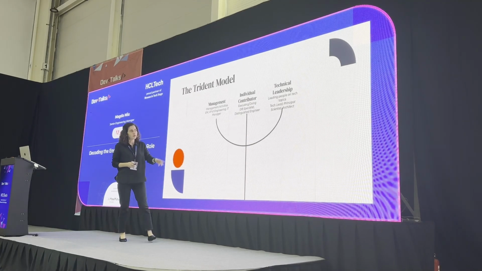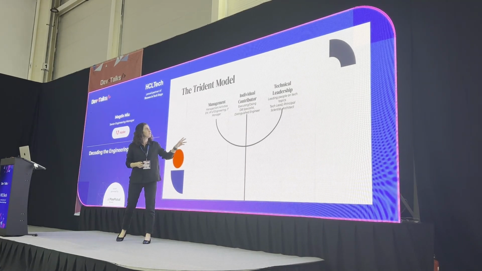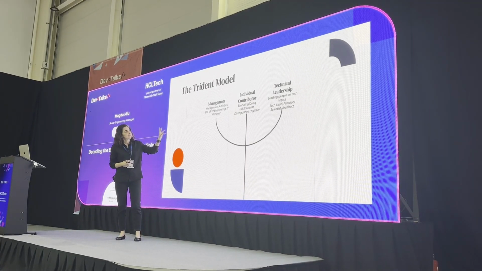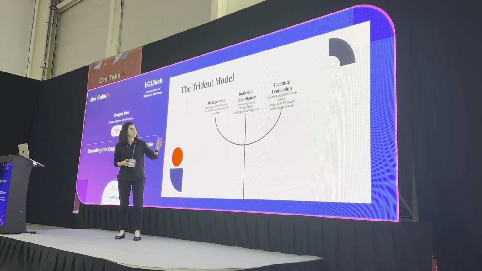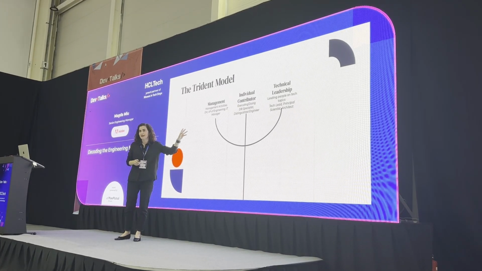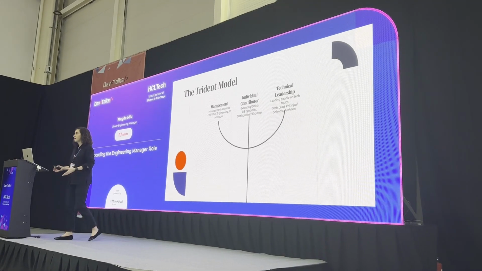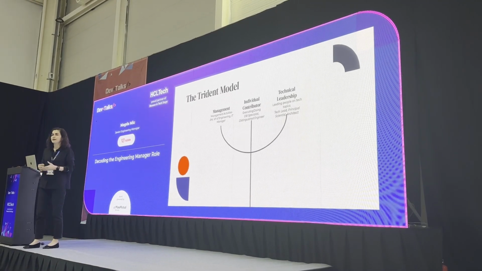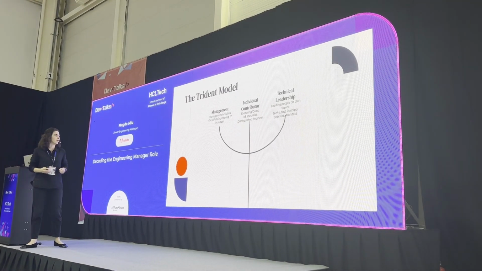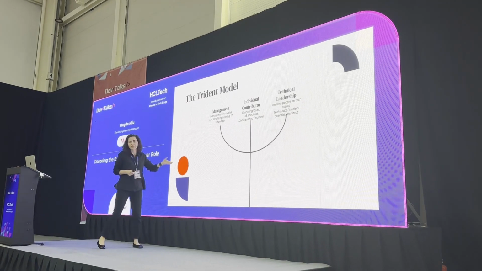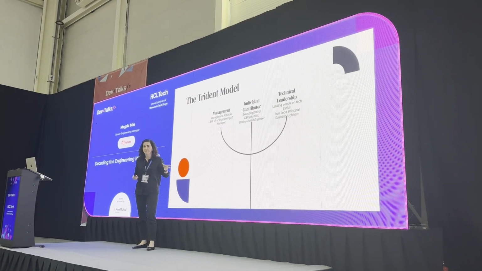This model is inspired by Pat Kua, and he said that somehow there are three different areas. It's this management area, where you are working on management activities, everything related to people management, product management, and so on. Here are roles like engineering manager, VP of engineering, IT manager.